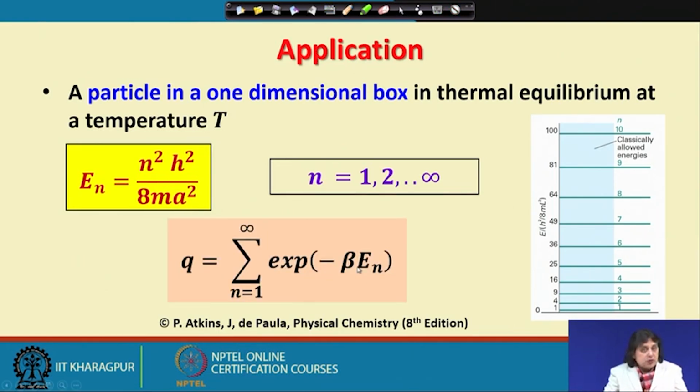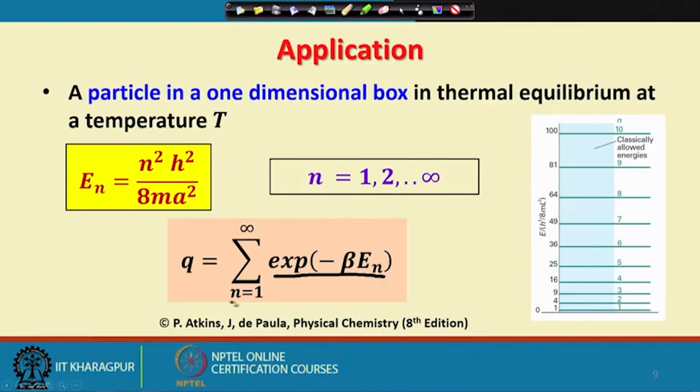Small q now, just as before, would require a summation of this particular term, exponential of minus beta into energy values, over all possible microstates. Here each and every microstate is characterized by the quantum number n. Therefore, a summation over all microstates translates to the summation over all possible values of n.